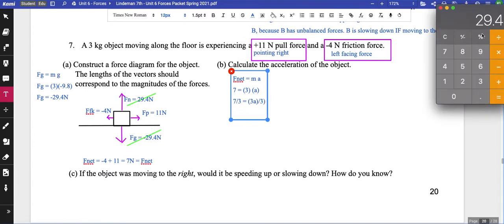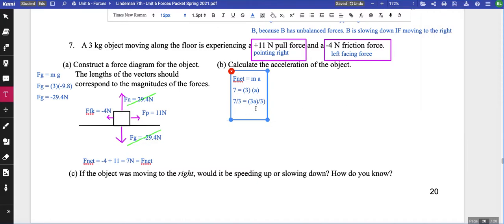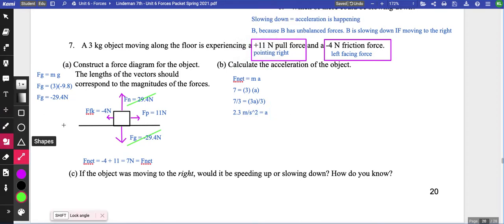And we do the math on this, and I think it's like 2.3. Yeah. So 2.3 meters per second squared is equal to a. And then that's our answer.